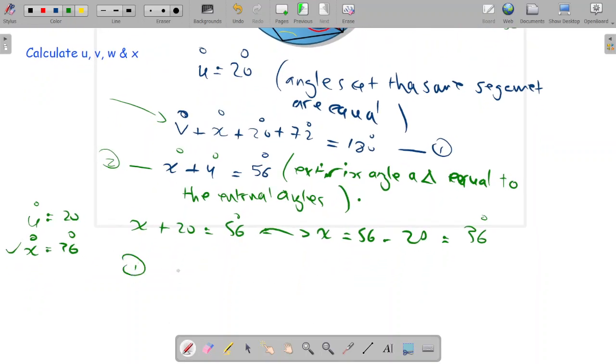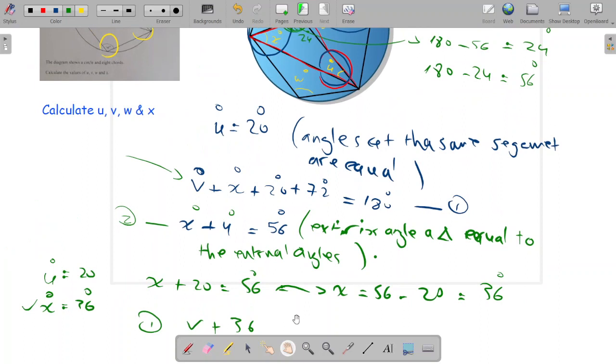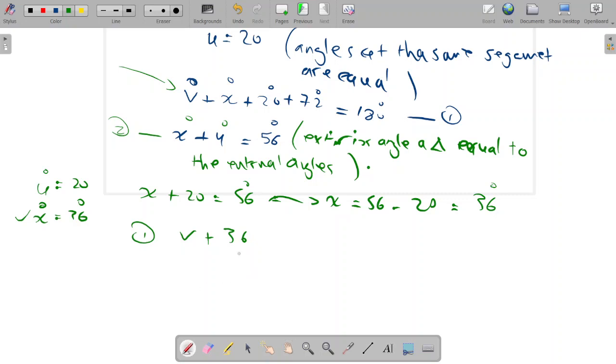So from equation 1, you will say that v plus 36 plus 20 plus 72, and make sure that they are degrees, is equal to 180 degrees.